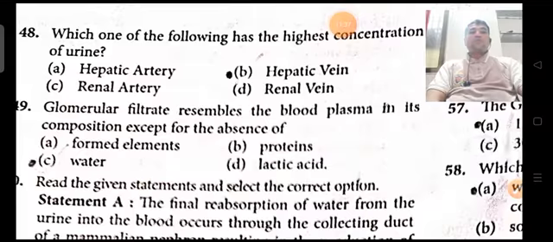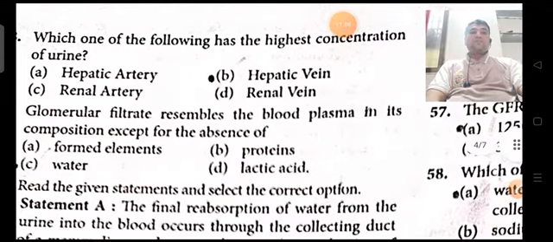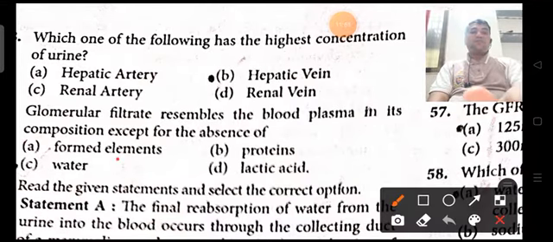Next, glomerular filtrate resembles the blood plasma in its composition, except in the case of water composition.